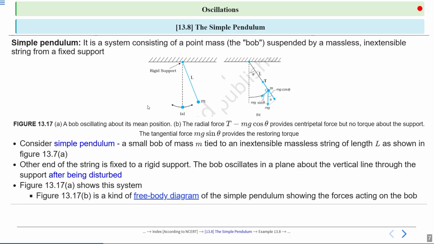The radial force, which is T minus m g cos theta, points towards the center and provides the centripetal force. The tangential force m g sin theta is what actually causes the pendulum to swing back towards its mean position.